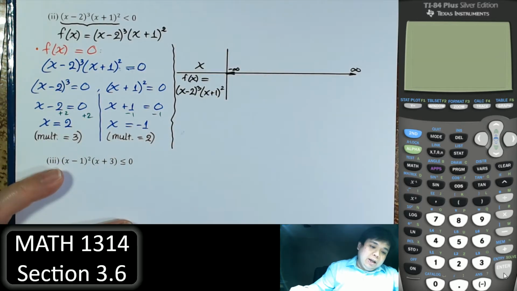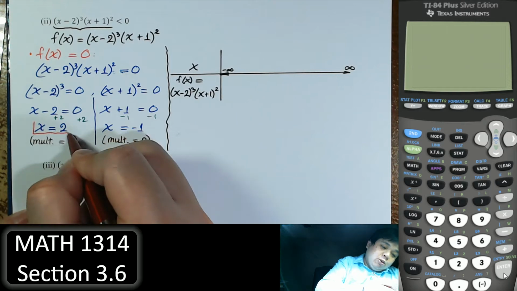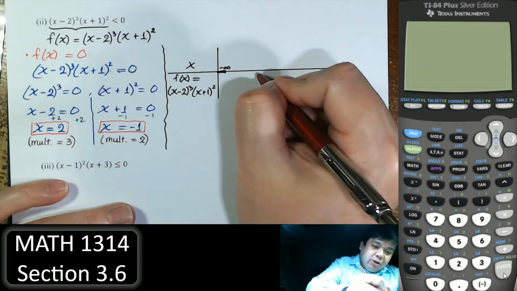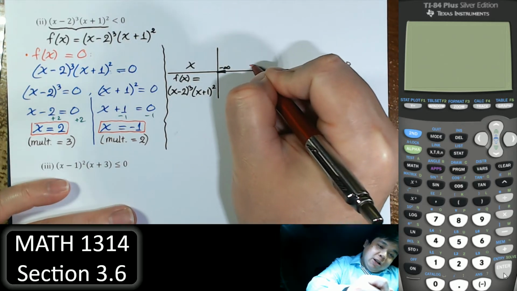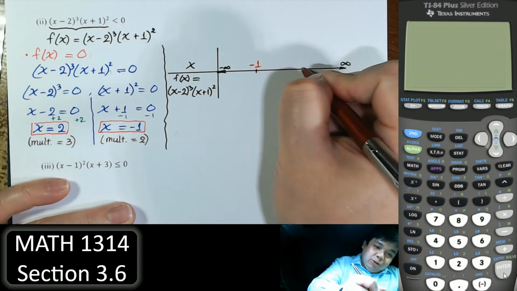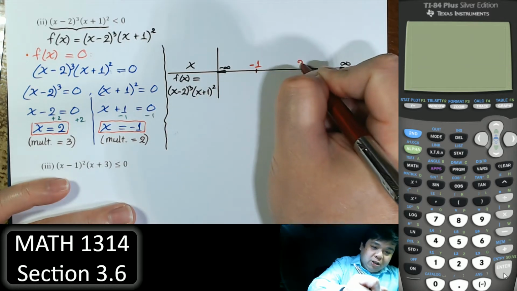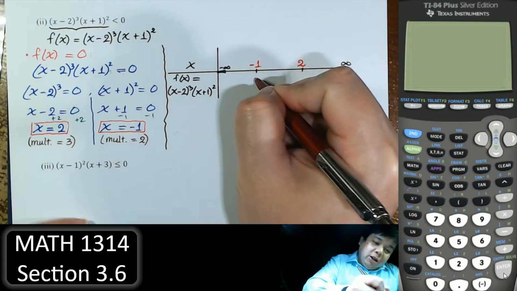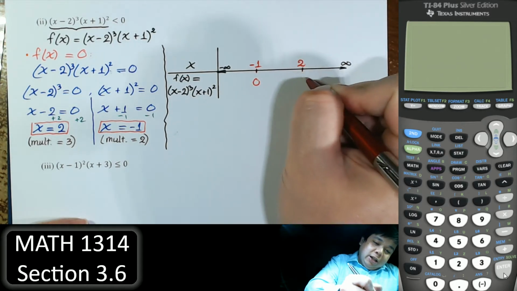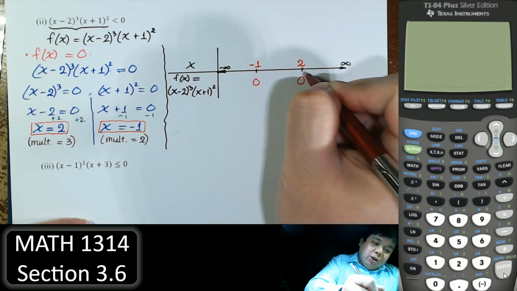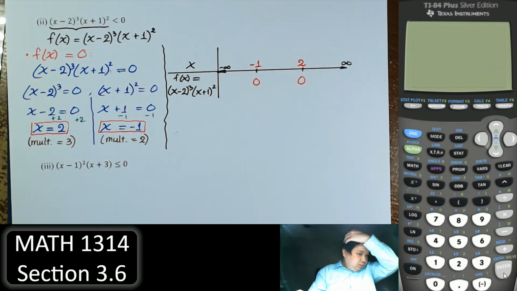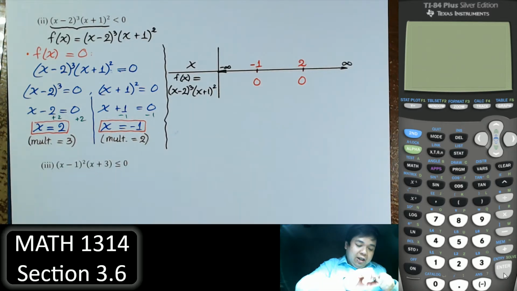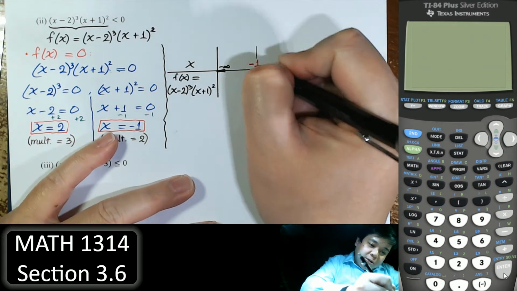Right? Now we have two values, x equal to 2, x equal to negative 1. It doesn't matter the scale. The negative 1 is on the left side of 2, so make sure it is in the right order. Right? And when x equal to negative 1, the function equal to 0. And when x equal to 2, the function also equal to 0. With that, we can divide this into a table.